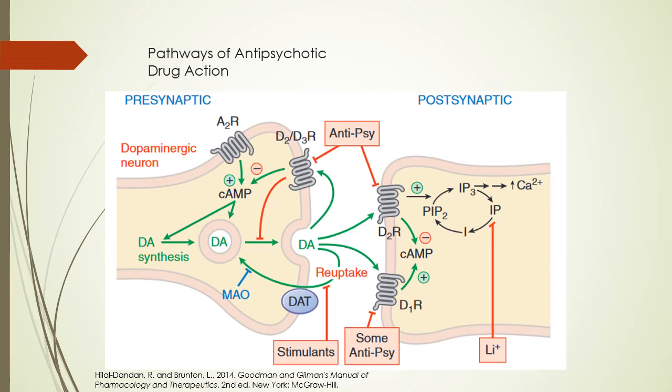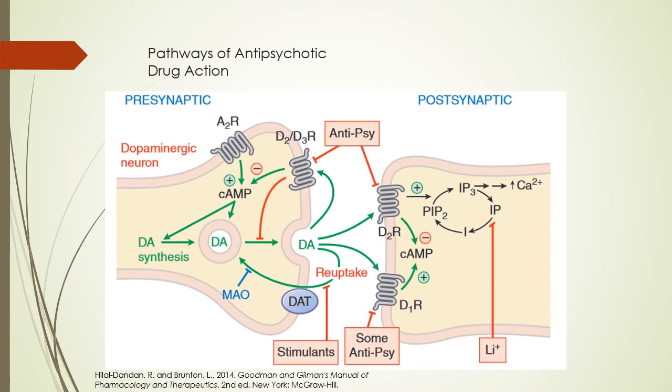We have drugs that block the dopamine 1 receptor. And when the dopamine 1 receptor is blocked by these agents, the typical antipsychotics, then the activity of the postsynaptic neuron decreases, and the manifestations, which are the positive symptoms, decrease because these manifestations require an activated postsynaptic cell.